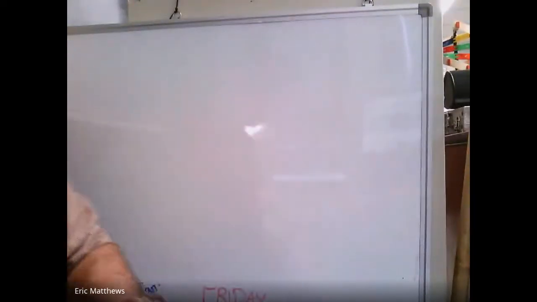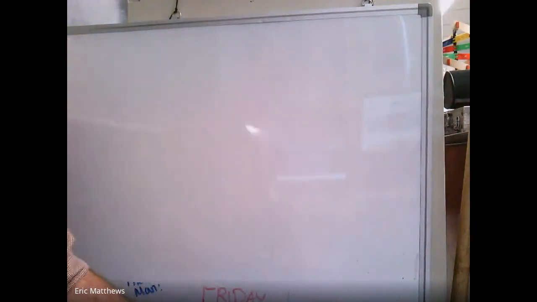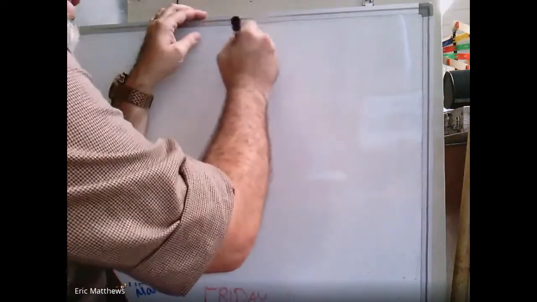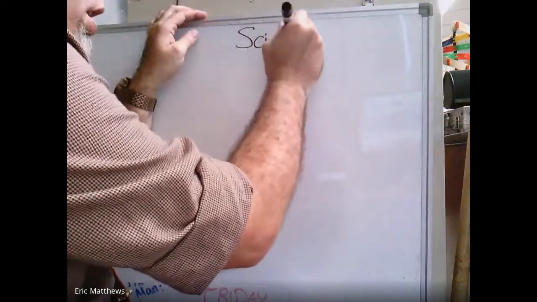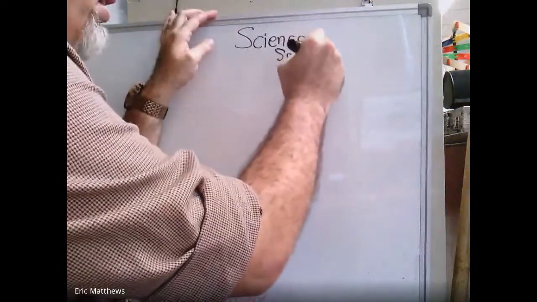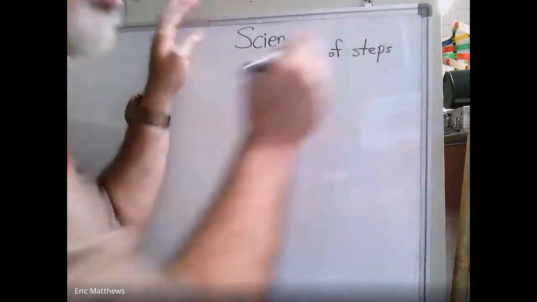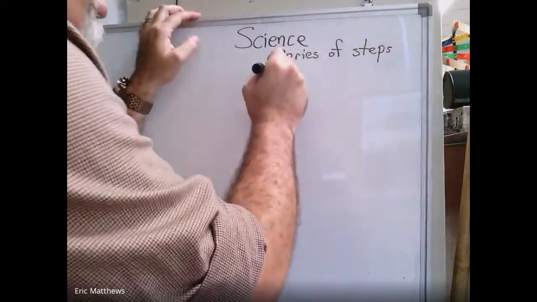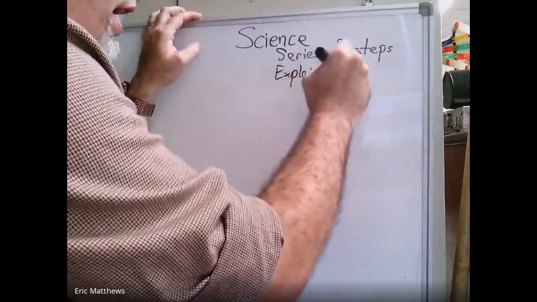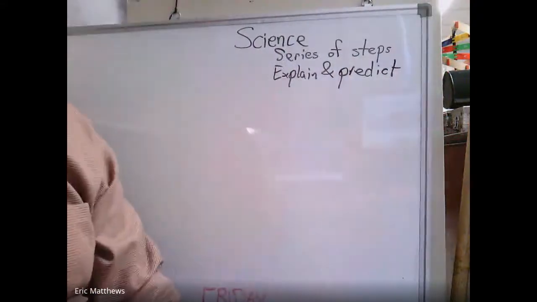All right, so when we're taking a look at this, remember, when we started this year asking, what is science? And remember, science is that series of steps with the goal to explain and predict what's going to happen in nature.